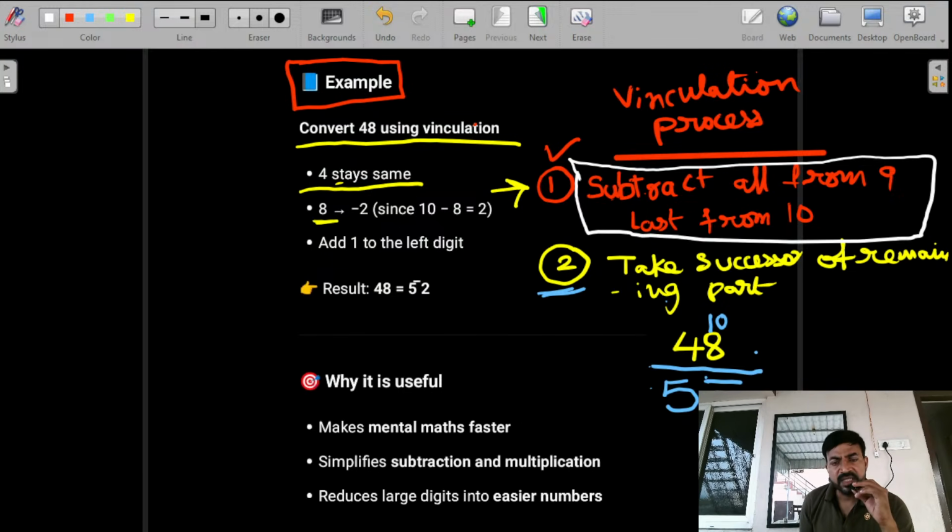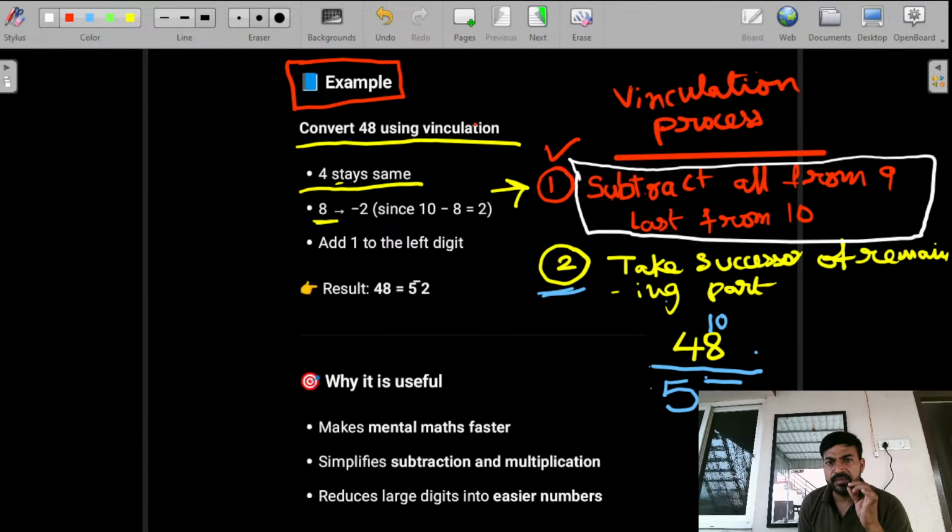Okay, so in this vinculation, first step is same as in subtraction using all from 9 last from 10. So first step is subtract all from 9, last from 10. Remember this, first step is same for vinculation, devinculation or subtraction using all from 9 last from 10. In these three methods first step is same.